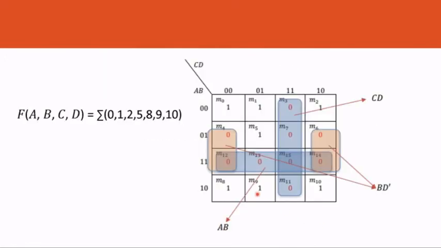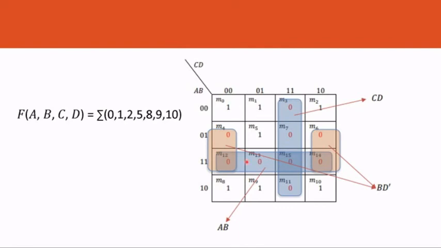Okay, so given this Karnaugh map, the function of A, B, C, and D is equal to the summation of minterms 0, 1, 2, 5, 8, 9, and 10. After we have plotted the ones, we are now going to plot zeros.